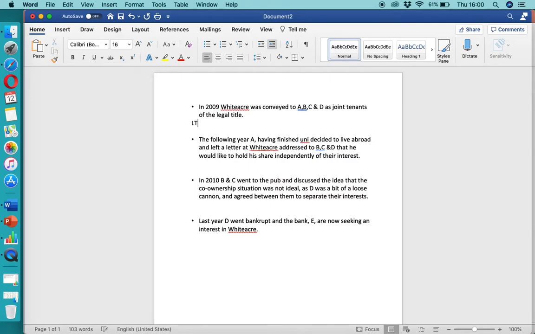So we know we have a legal title. I'm going to start out with my legal title. I'm going to recognize that there are 4 parties, A, B, C and D. We would so far have recognized those parties as the fee simple, absolute and possession holders under section 1(1)(a) of the Law of Property Act 1925.